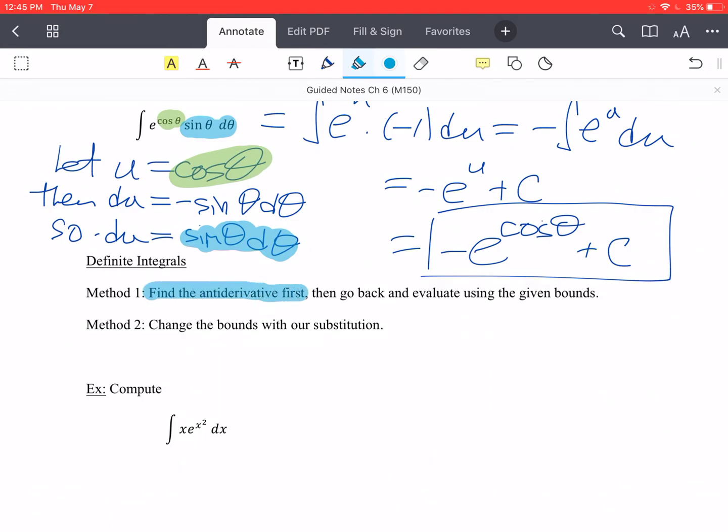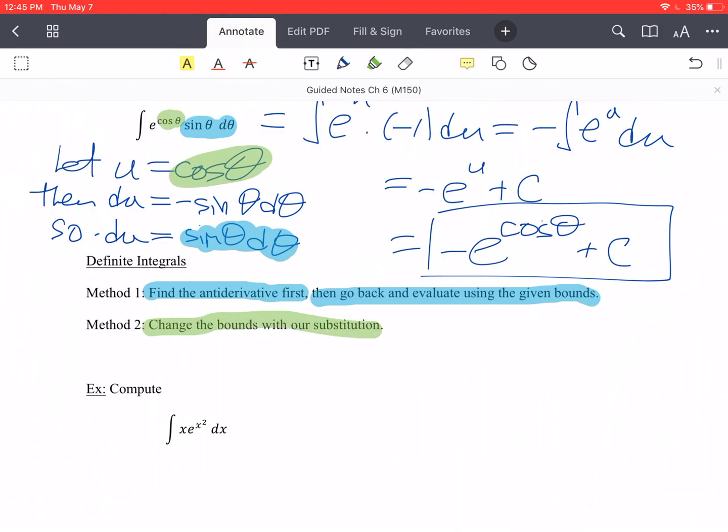Find the antiderivative first and evaluate it all in terms of u, then plug back in the x and go back and evaluate it using those bounds. So you go through the whole u substitution, you switch back at the end, and then plug in the bounds. Or you can actually change the bounds with the substitution. Use the substitution to change the bounds, and then you don't have to go back to x anymore.